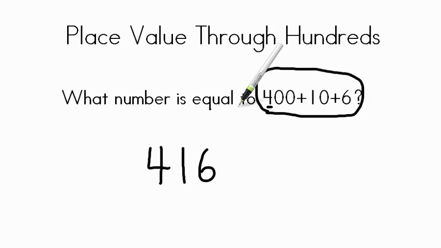So the number equal to 400 plus 10 plus 6 is the number 416. If we slide those numbers all together, we get 416. The 10 moves into the tens place, and the 6 moves into the ones. So they slide together, and then we have 6 ones, 1 ten, 4 hundreds.